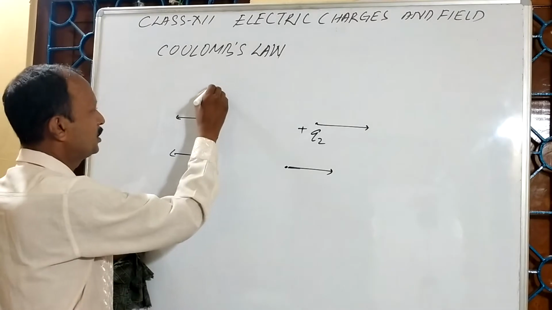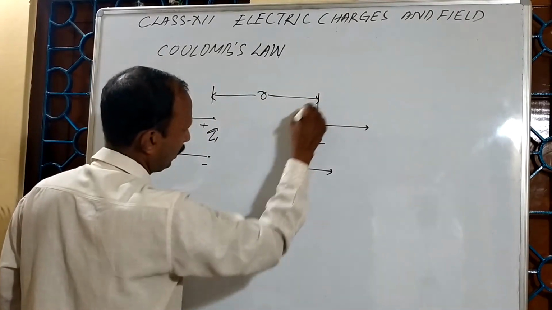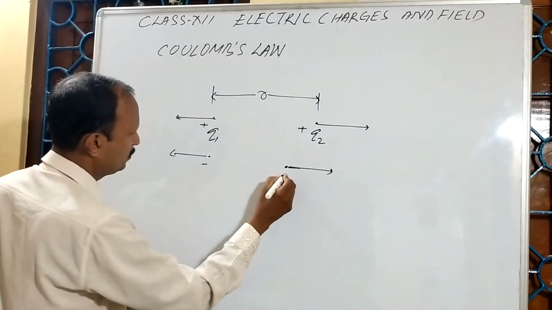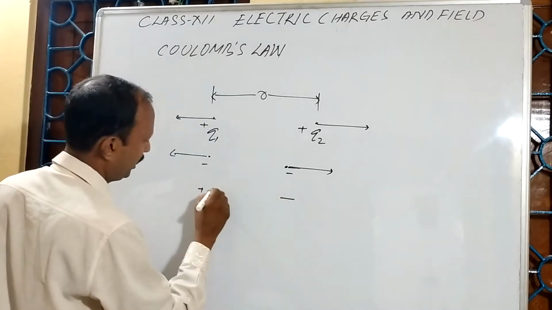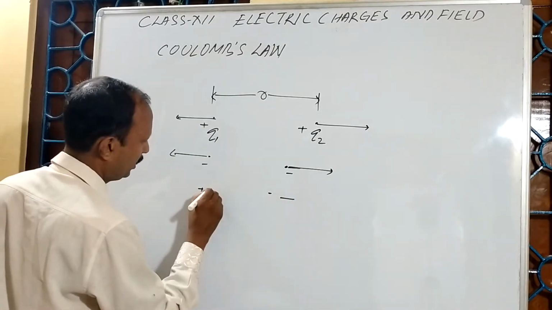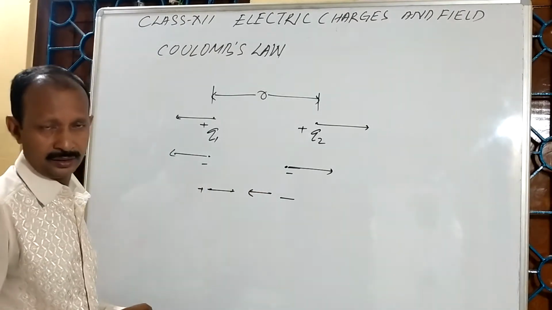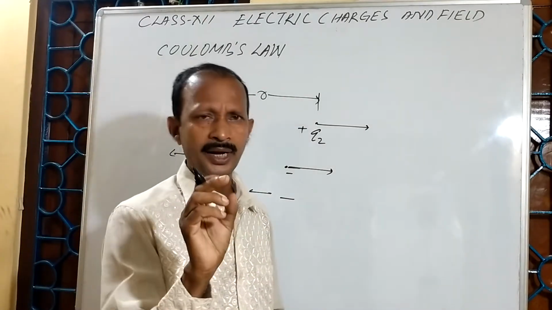Suppose the distance between them is r. If one is a positive charge and one is a negative charge, then definitely they will attract. But in all these cases, we find there is a force.